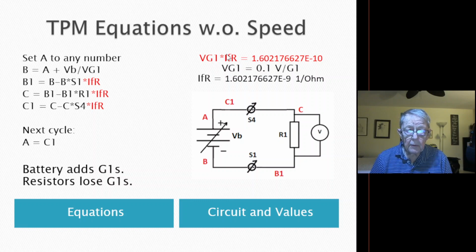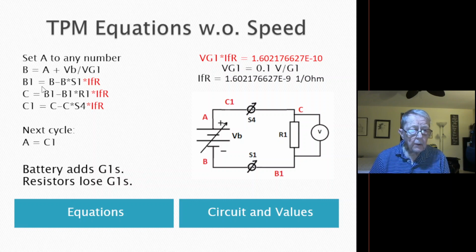I've determined through a previous video that the product of these two is generally around that value. And I picked 0.1 volts per G1 as a standard, and you then can take this number, divide by VG1, you get IFR, and it's just a factor of a power of 10 off.